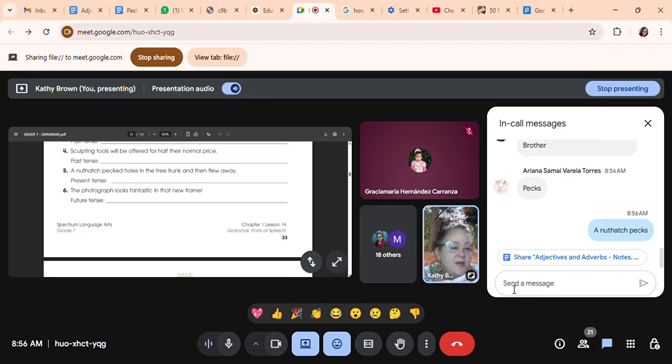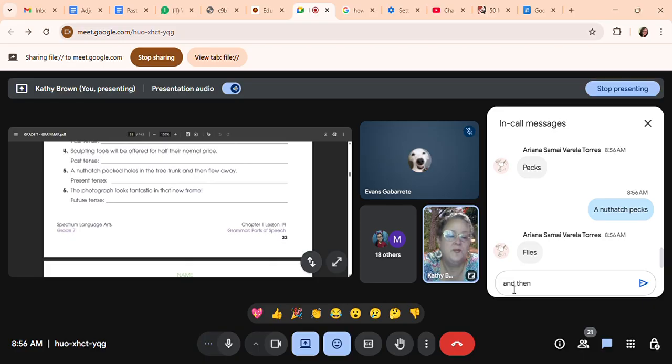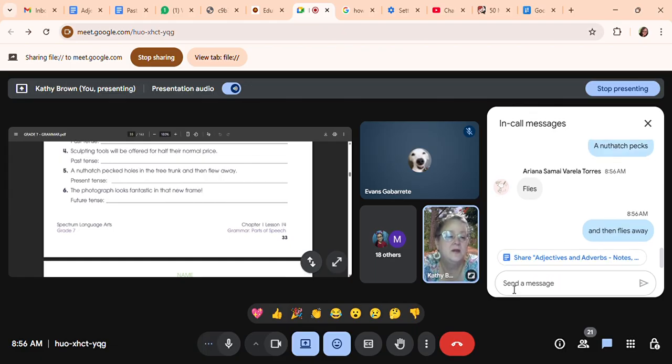And then what is the present tense of flew? Fly. Right, but we're talking about one nuthatch. So, yes, Ariana, that's correct. And then flies away. Yeah. Good job, Ariana.